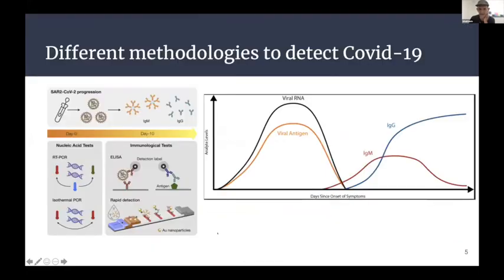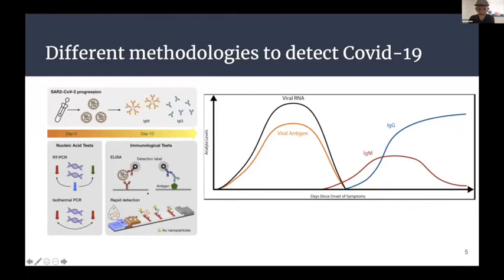So just to categorize the means of detection of the virus, generally speaking, most common is the real-time PCR. That's usually the kit to detect a viral agent. Because of speed and robustness, there are also a lot of kits which are based on isothermal amplification. The isothermal amplification is not so quantitative because it lacks the cycles of a PCR.